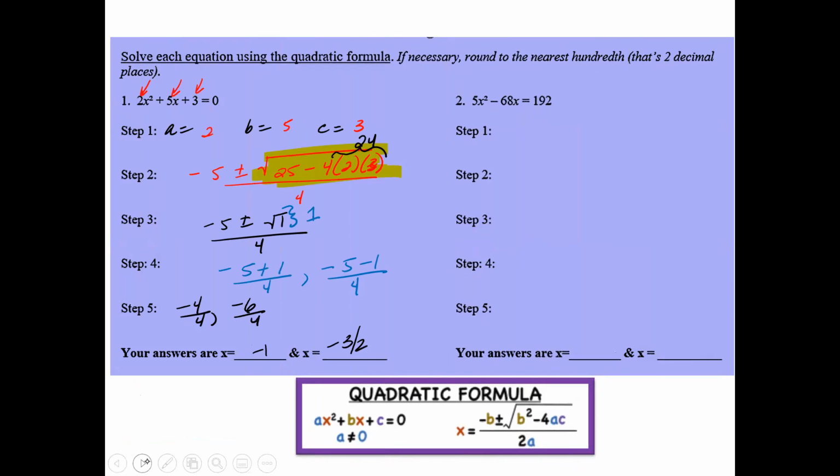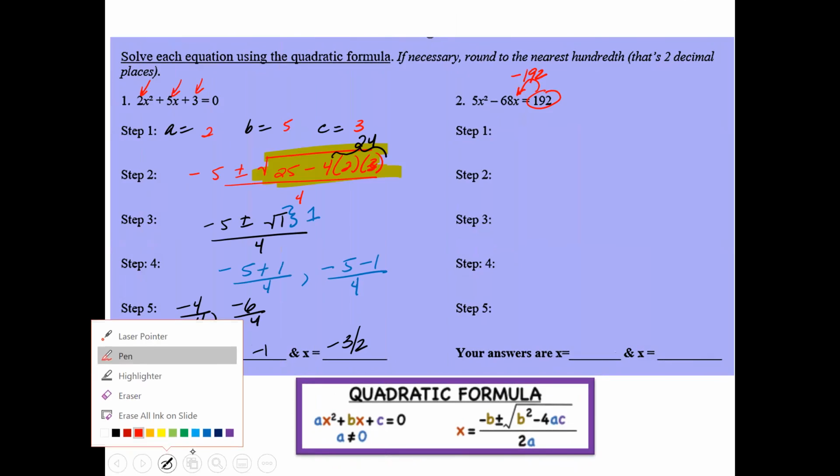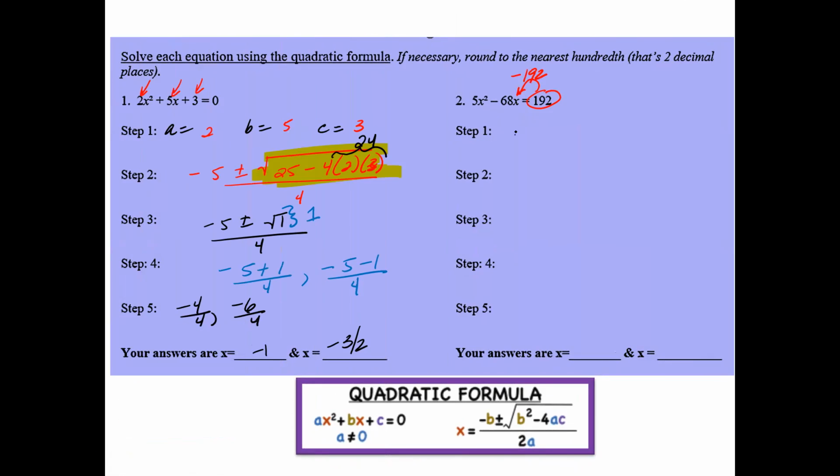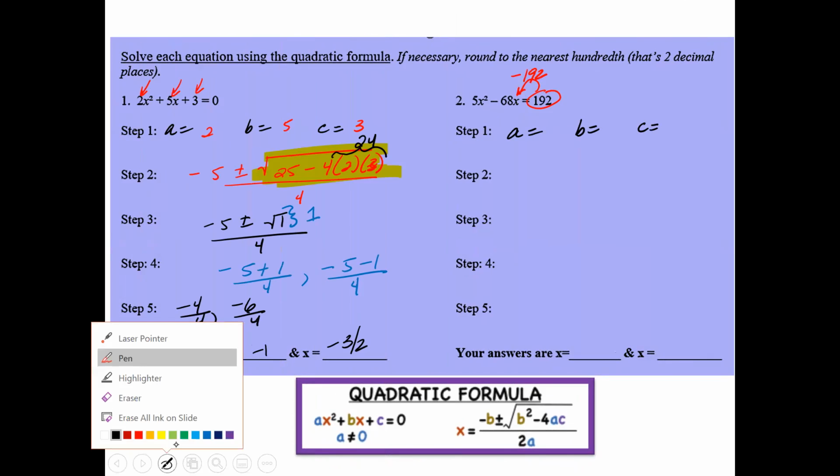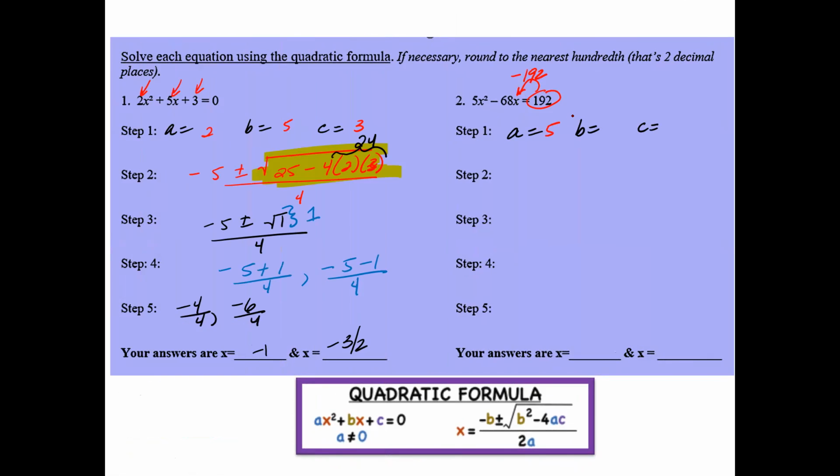All right, let's take a look at number 2. What do you notice is the difference between number 2 versus number 1? We see that this needs to be moved over here. If it gets moved over, it's going to become a negative 129 because it's moving over. Step 1, find A, B, and C. Your A is a 5, your B is a negative 68, and your C is a negative 192.